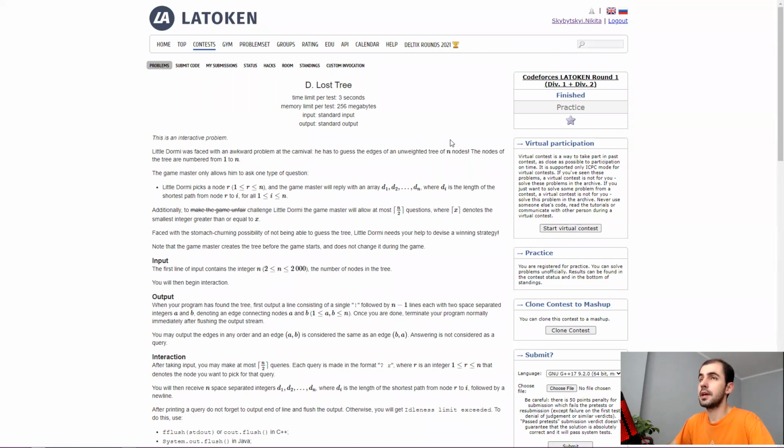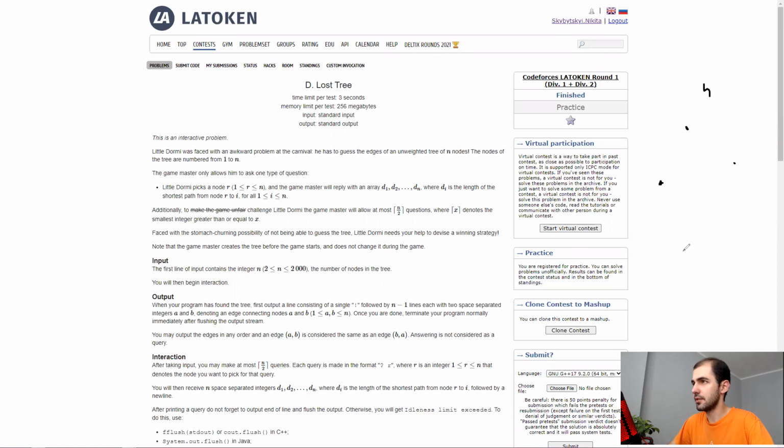In this problem we have a tree, or rather we don't have a tree, but let's say I created a tree, but I don't tell you what this tree is. I just tell you that it has like 5 vertices or something like that, n vertices, right?